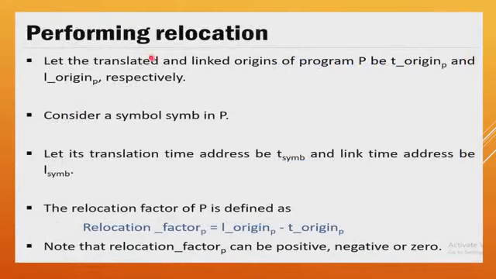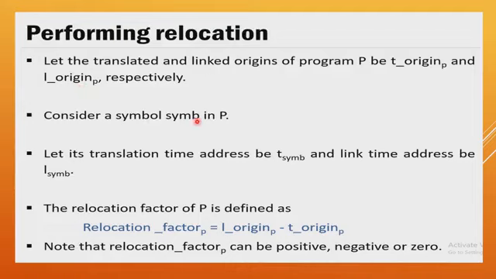So let's see how the relocation is performed. Let the translated and linked origins of the program P be T origin of P and L origin of P respectively, that is, the translated origin and the linked origin.